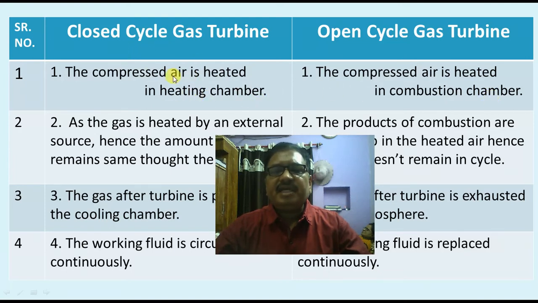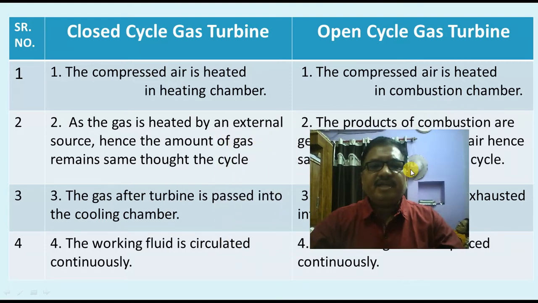In case of closed cycle gas turbine, compressed air is heated, but that is heated in the heating chamber or the heat exchanger. But in case of open cycle gas turbine, the compressed air is heated in the combustion chamber itself. Right? Now the second point: as the gas is heated by an external source, hence the amount of gas remains same throughout the cycle. So the gas, or the working substance, is heated by an external source.